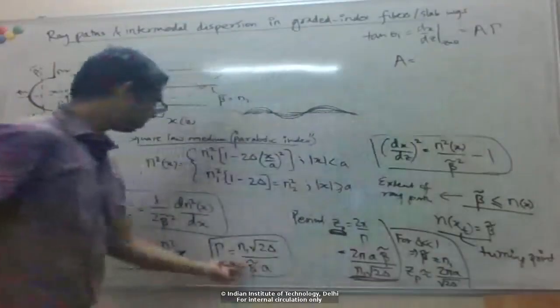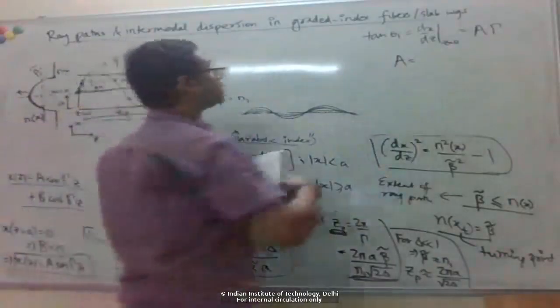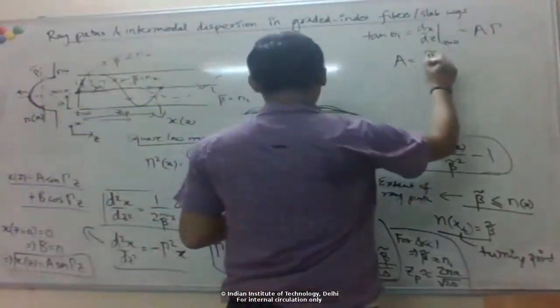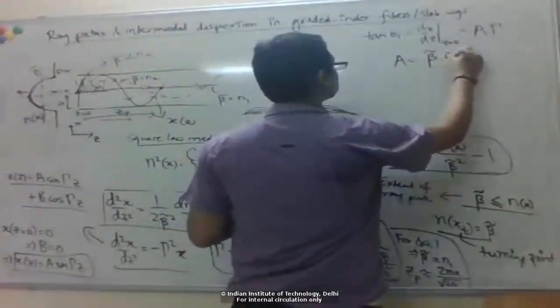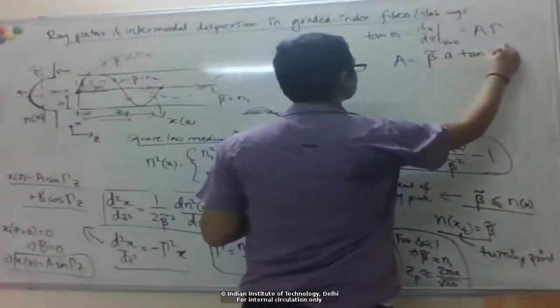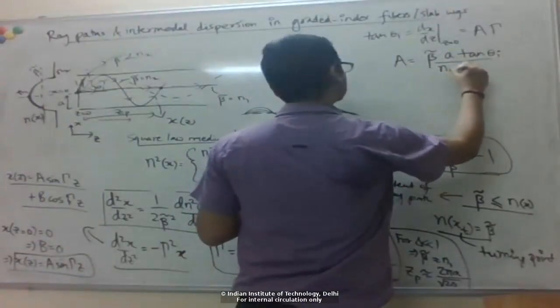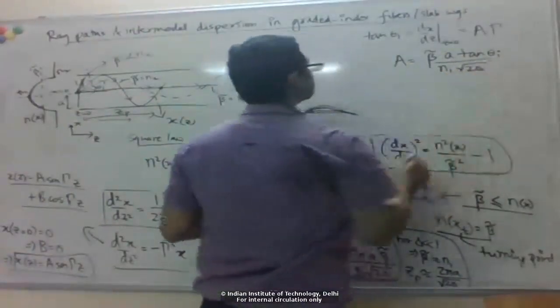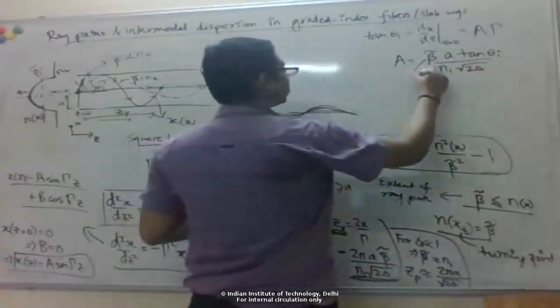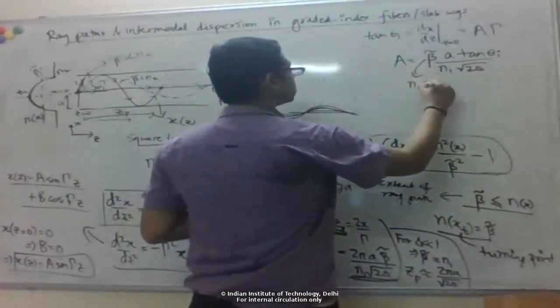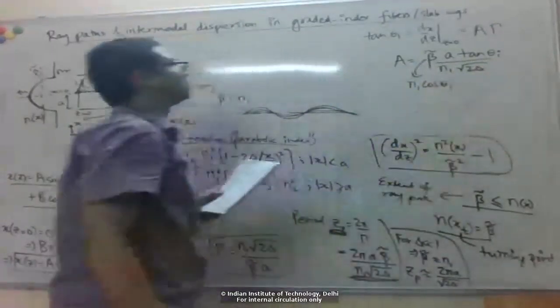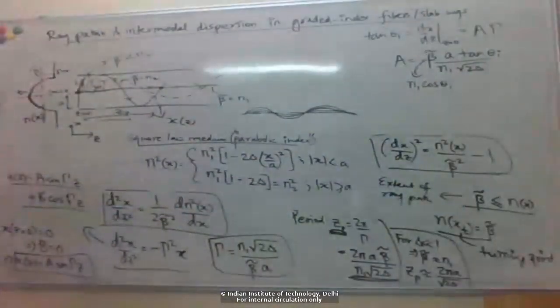So from here we can get A. So we use the expression for gamma. Right, and then beta also now we can put n1 times cosine theta I, right, by definition.